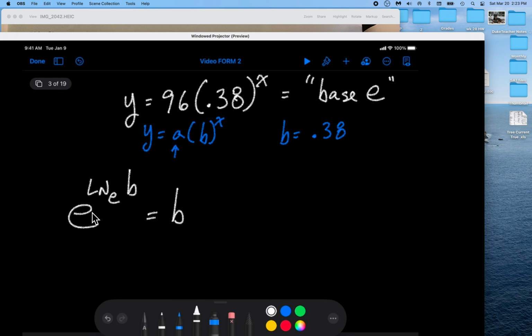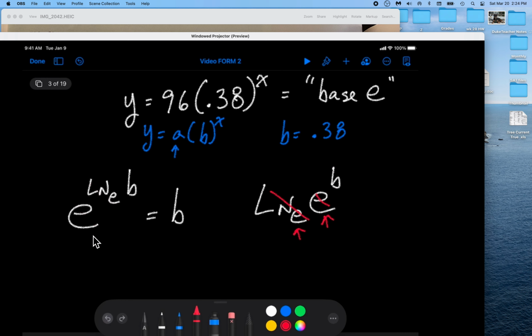Whenever you have an exponent raised to a log with the same base, these cancel out. It's the same thing as when we have this. Here, on the right, you have a log with the base the same as the exponent. They cancel and you're left with the base. On the left, you have an exponent with the same base in the log above it, and those cancel out.